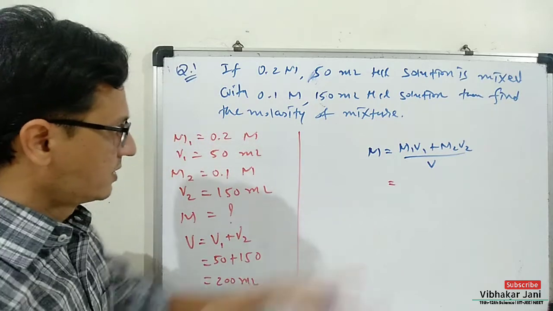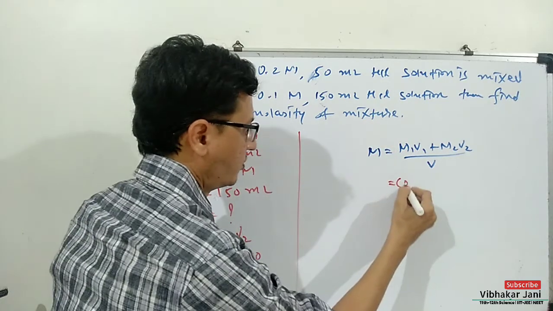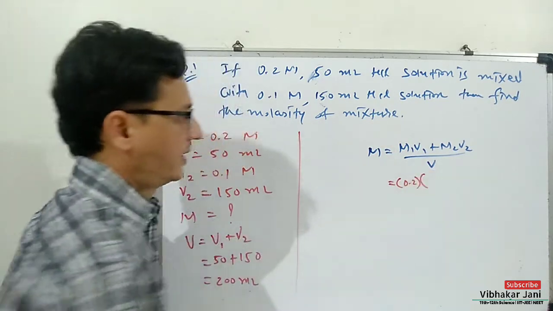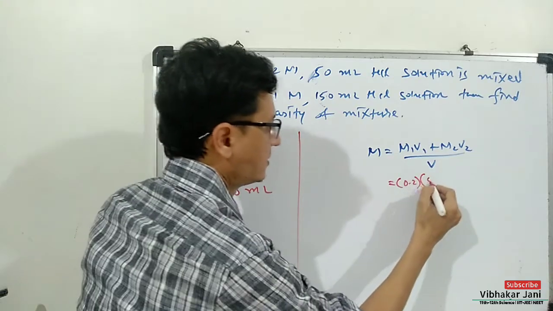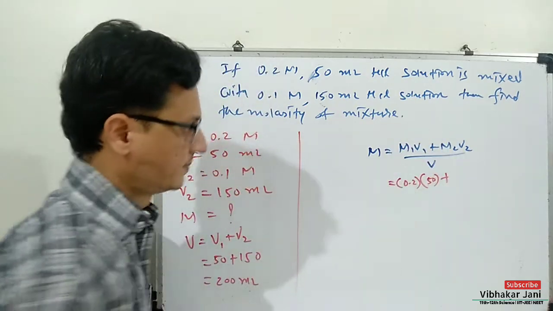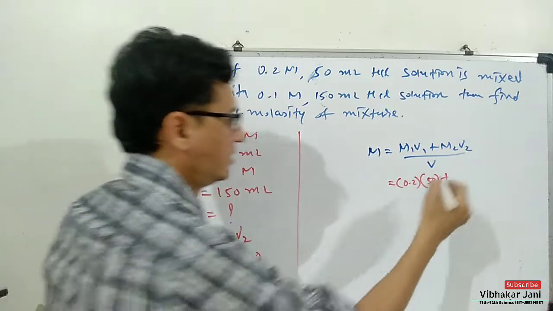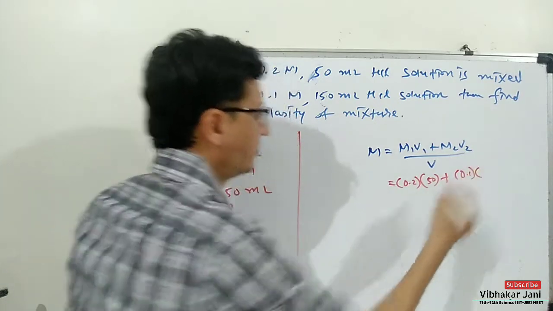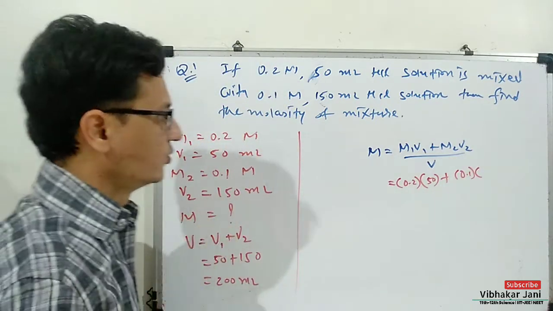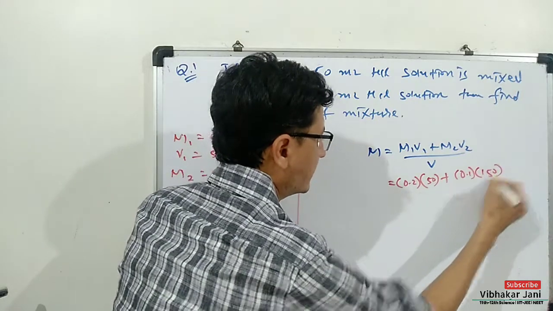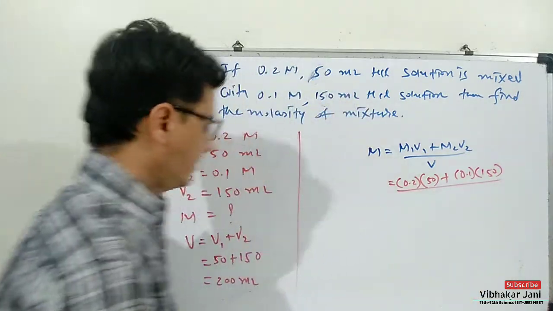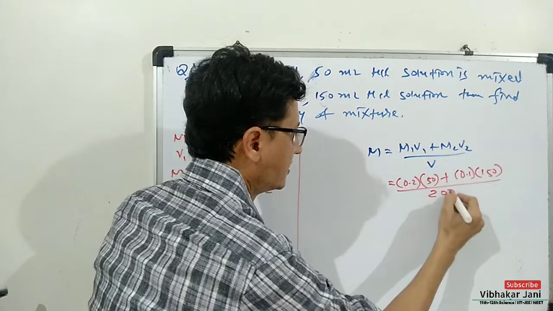So it will give us M1, that is 0.2, multiplied by V1, that is 50, plus M2, that is 0.1, multiplied by V2, that is 150, and V is 200.